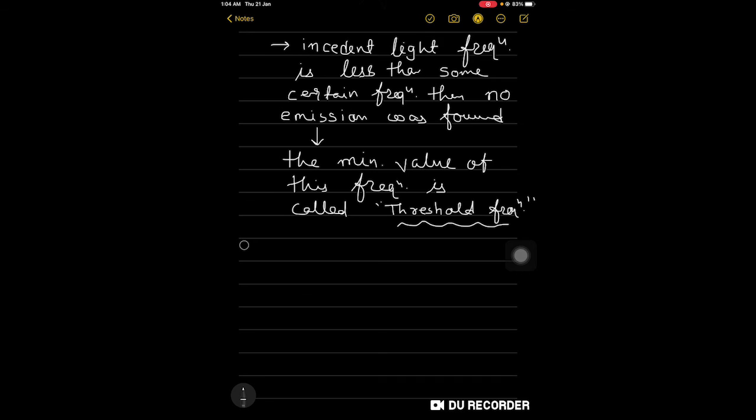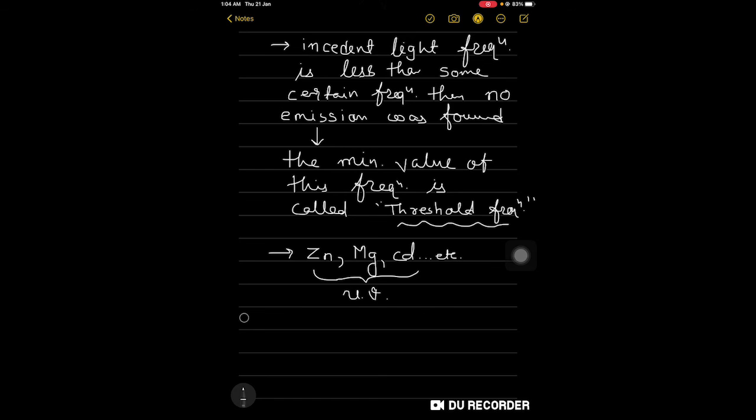So certain materials which respond to UV light only, like zinc, magnesium and cadmium, can only emit electrons when UV light is incident on them, which means having short wavelength to cause electron emission from the surface.